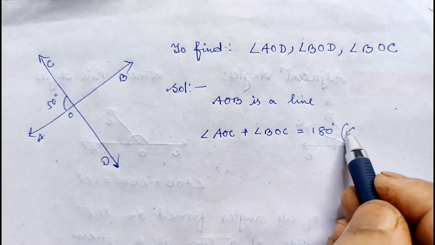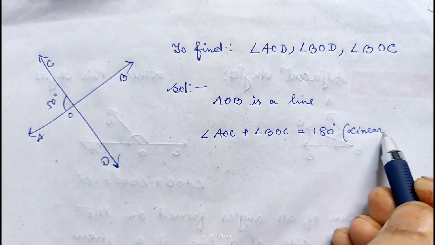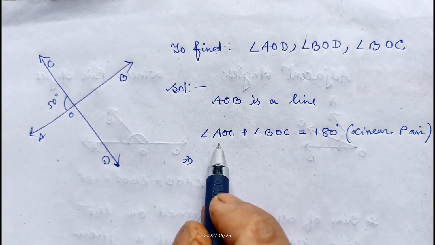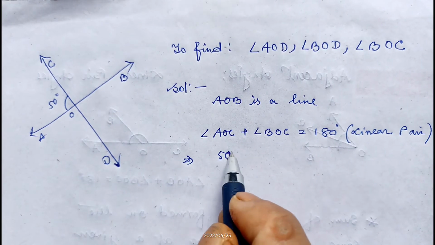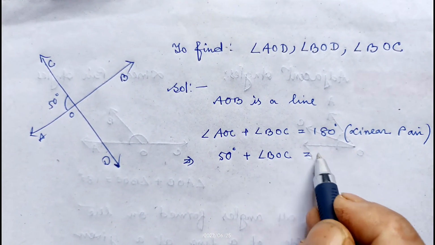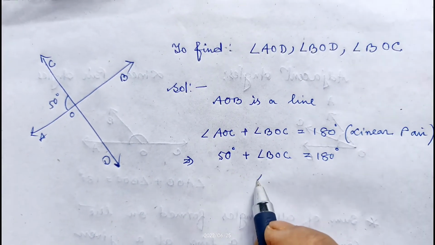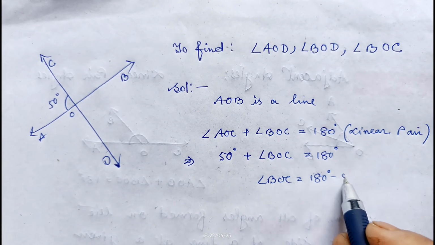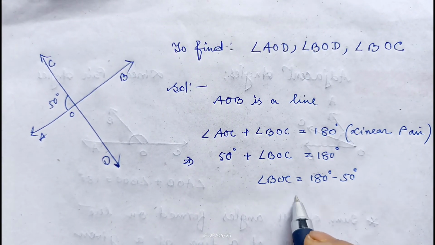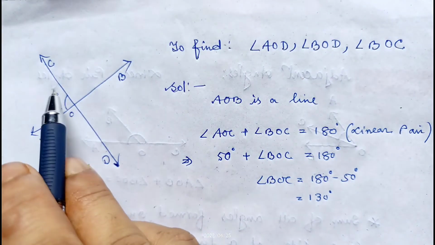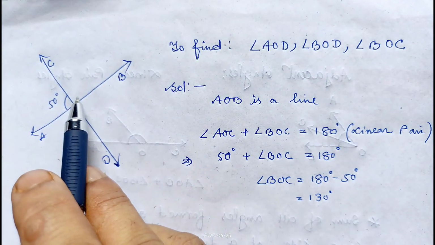We can write here linear pair. Now angle AOC, as given in the question, is 50 degree, plus angle BOC equals 180 degree. So angle BOC equals 180 degree minus 50 degree, and this will give 130 degree. Therefore angle BOC is of measure 130 degree.